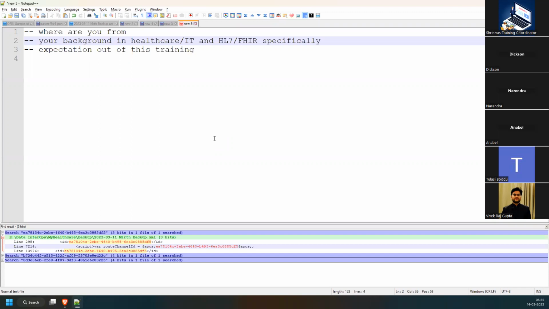I want to learn FHIR because I have knowledge of HL7 V2 versions, but to provide value adds to the customer with FHIR coming in, I need to understand how my organization can help customers use FHIR to add value and help in more patient care. My intent for this training is to learn FHIR and then complete the FHIR certification.